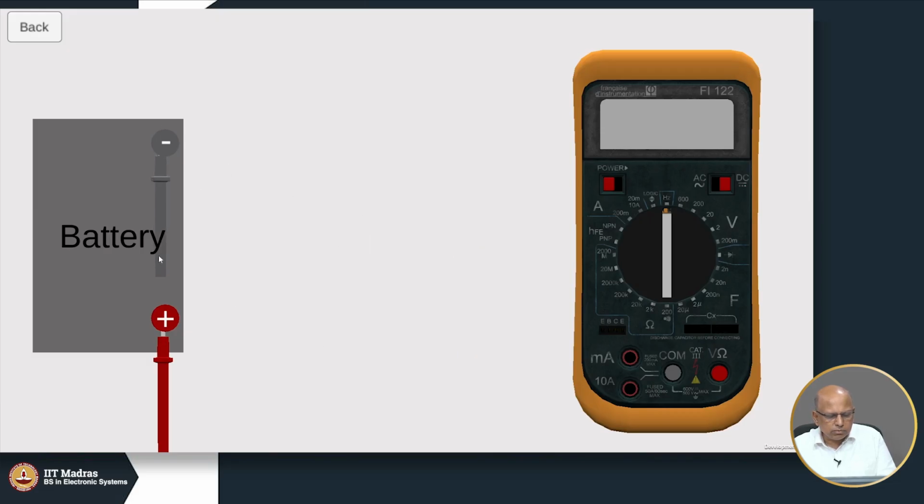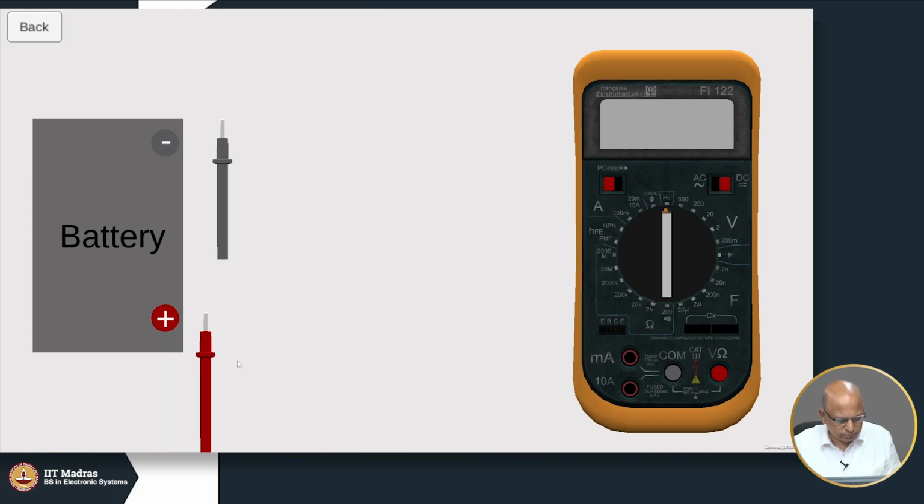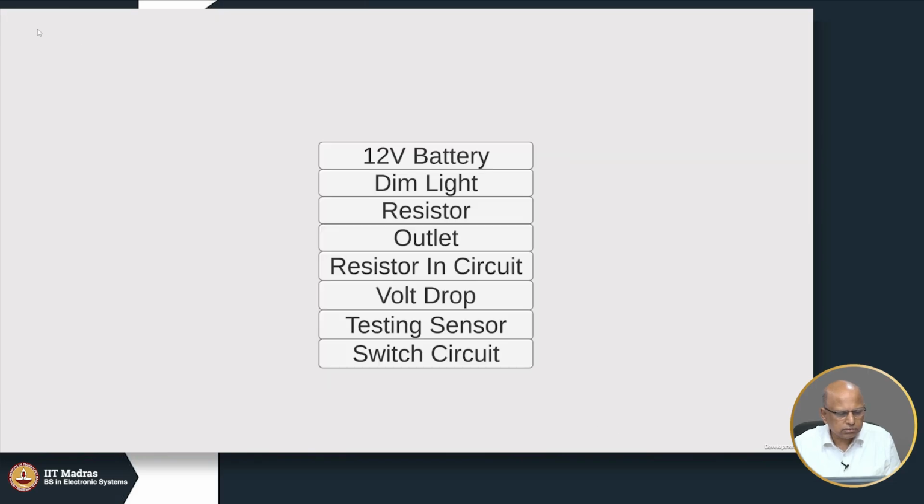Use the left mouse button to move things. Oh, just a second. There is some bug in this simulator, maybe not able to move this guy around.